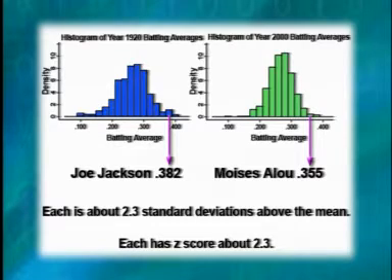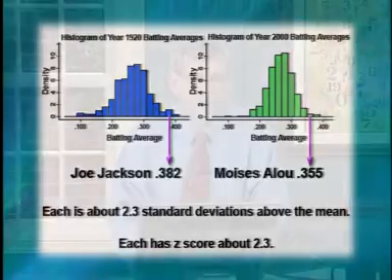You see, that's a lower number. .355 is lower than .382. And yet, because the batting averages overall were more compressed, his batting average was also 2.3 standard deviations above the mean. So comparing batting averages on the basis of their relative standing, relative to their contemporary players, seems like a good way to measure quality of a player.